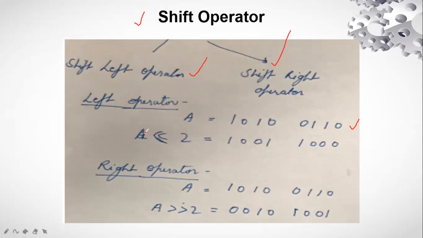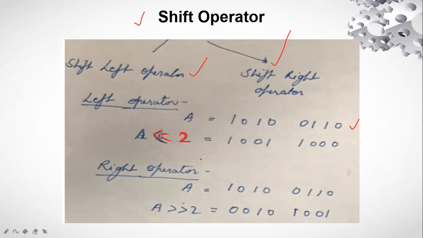When we apply the shift operator, let's say we are applying the left shift with 2 bits. This is the symbol of left shift. This means that we are applying the 2 left shift to the A chromosome.